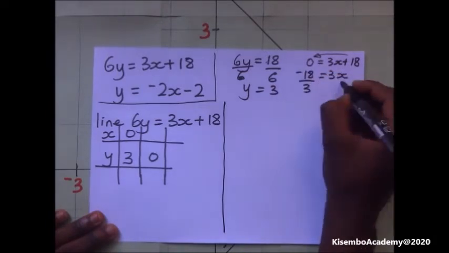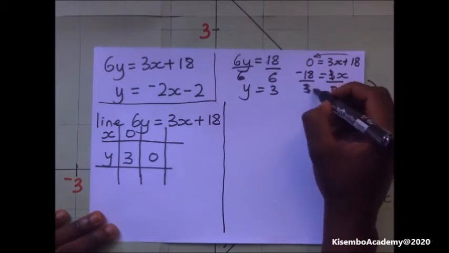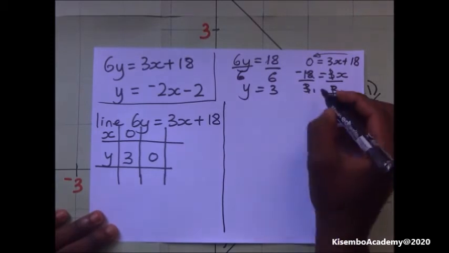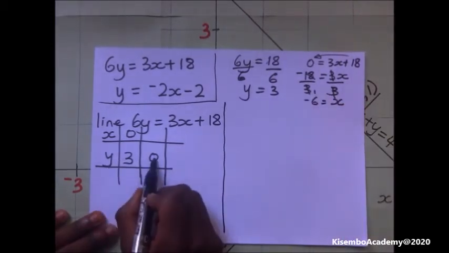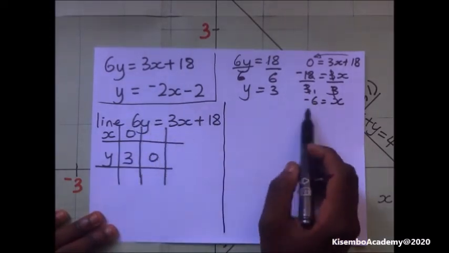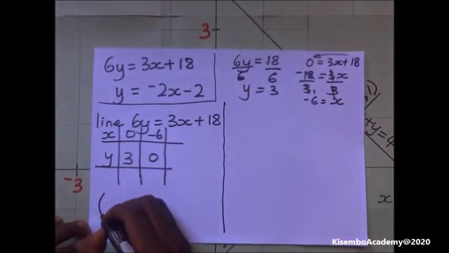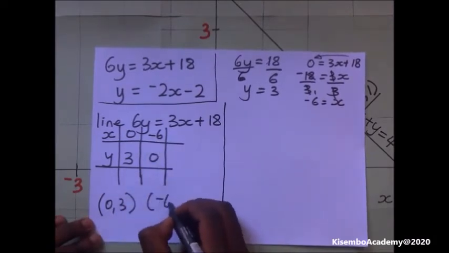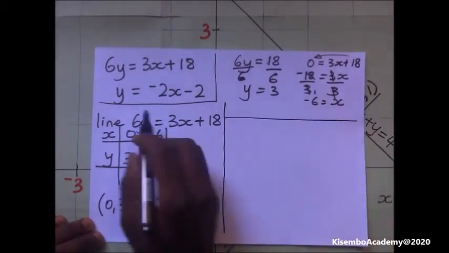When you divide both sides by 3, 18 divided by 3 is 6, so this becomes negative 6 is equal to x. So when y is 0, x is negative 6. It means that our coordinates here are (0, 3) and (-6, 0). So that is this line.